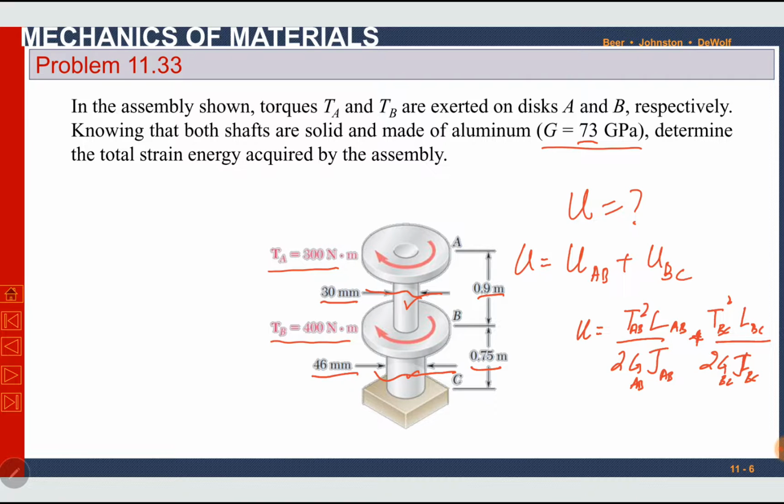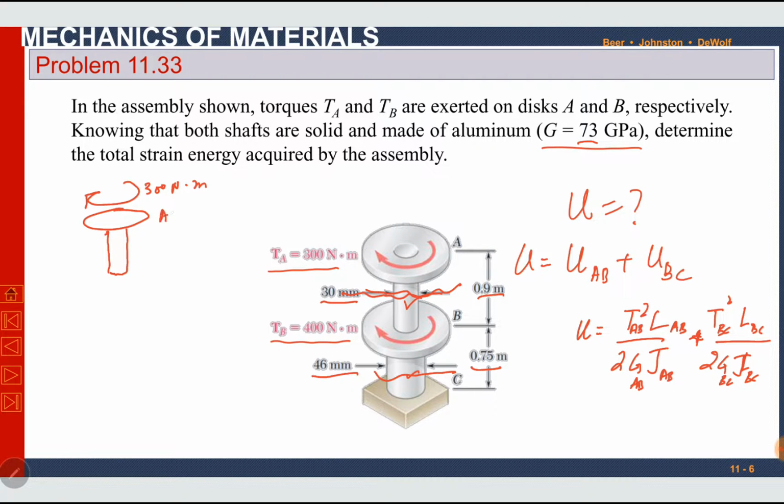We have already done this in chapter number 3 to calculate torques in different shafts. Okay, first we will section this between AB, and we can see here is torque 300 Newton meter.